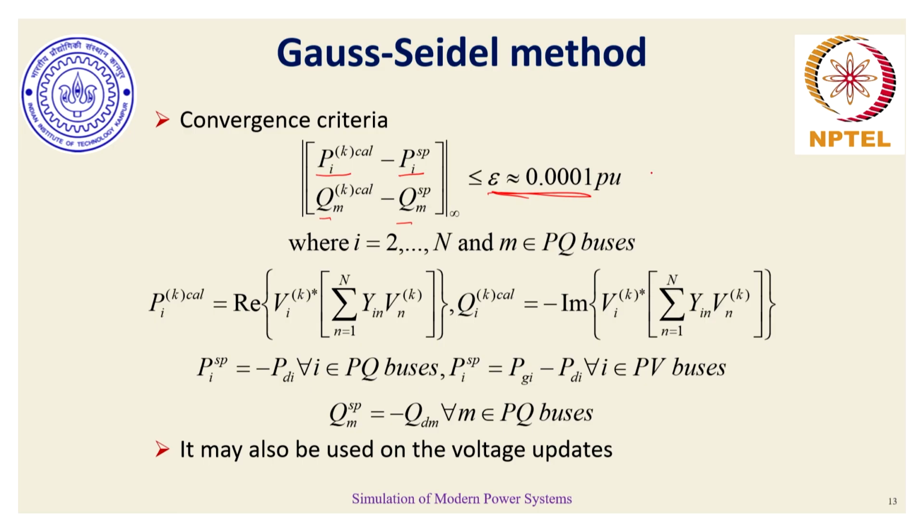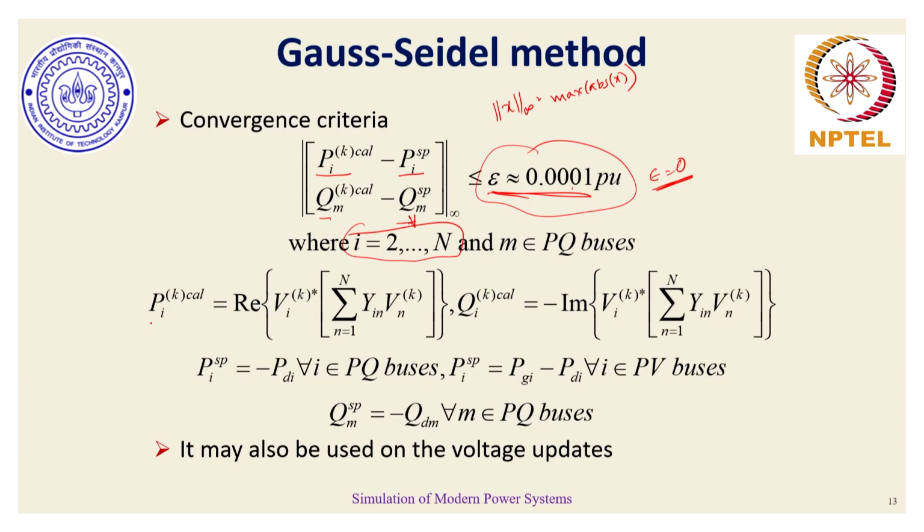If we set this tolerance to be perfectly 0, it may happen that Gauss-Seidel may take infinite recursions to find the same voltage solution which you would have obtained with little less accuracy when the tolerance is not close to 0. So, as long as this infinity norm, which essentially refers to the maximum absolute value of vector x, where all these voltage injection differences hold for all buses 2 to n, is within tolerance, we continue.